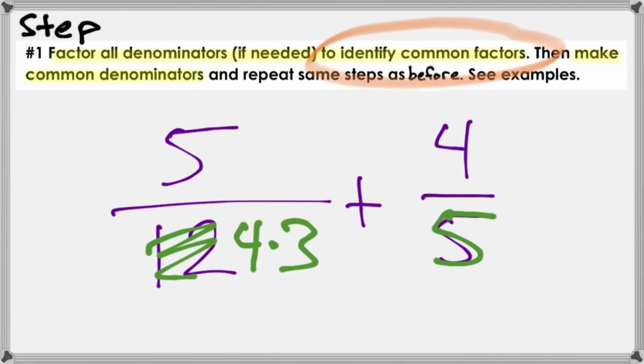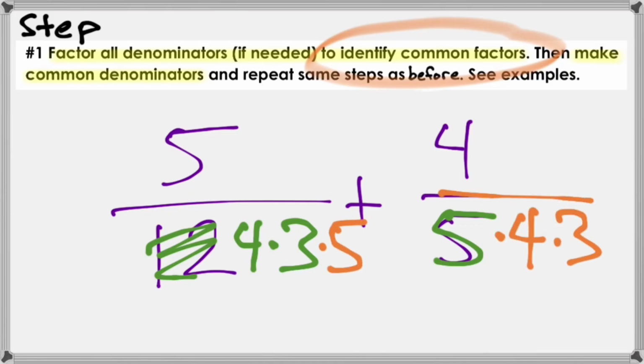You don't have the same factors right here. The first denominator is going to need a factor of 5, and the second denominator will need both a 4 and a 3. But whatever you do to the denominator, you have to also do to the numerator in order to proceed. Now, I'm not going to multiply all of this together.